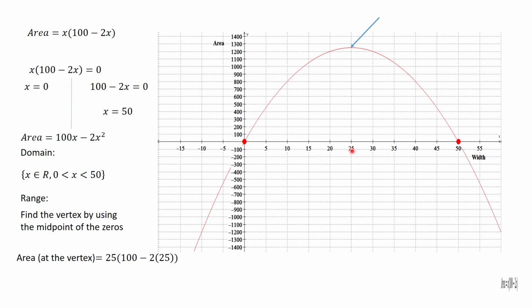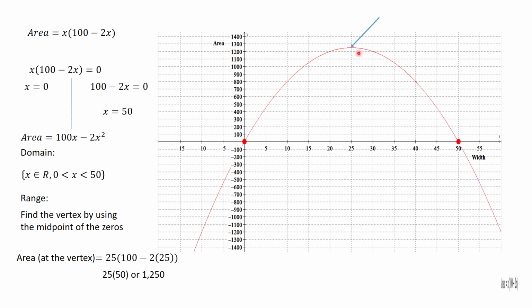So that's exactly what I'm going to do. The area at the vertex is equal to 25, putting 25 in for x, times 100 minus 2 times the 25, which is my value of x. And that, of course, works out to be 25 times 50, or 1,250.